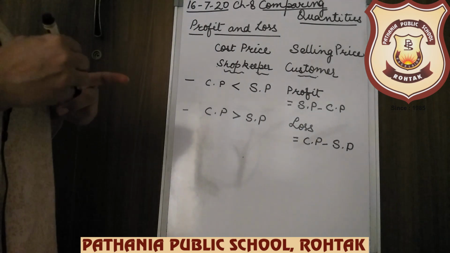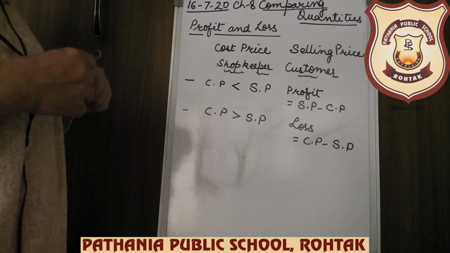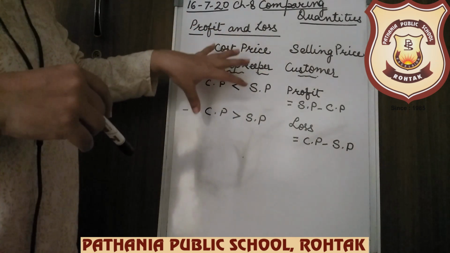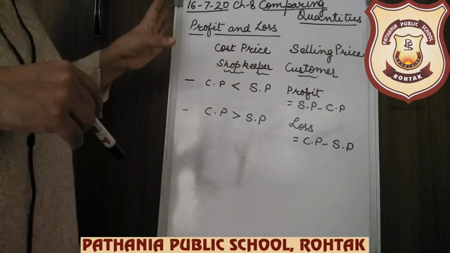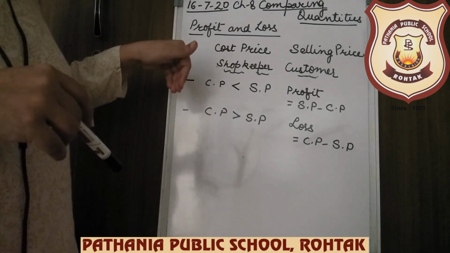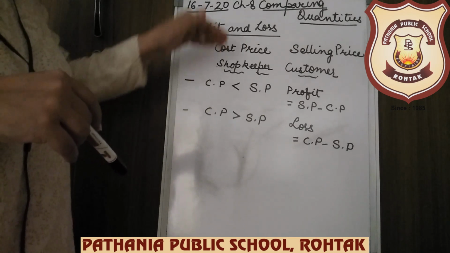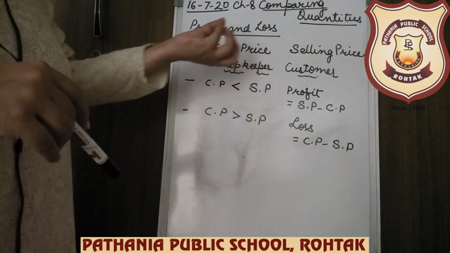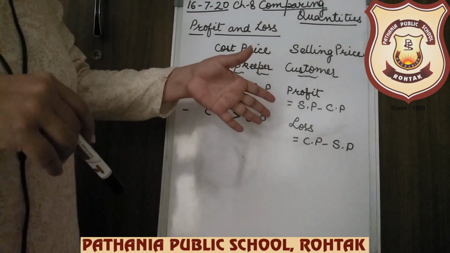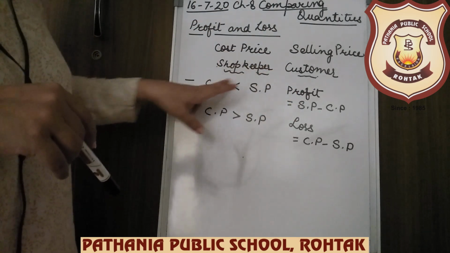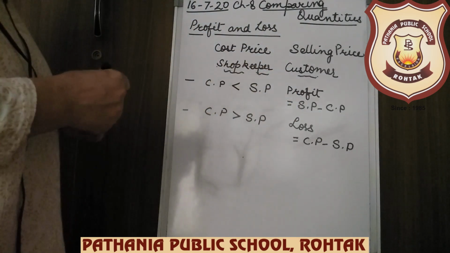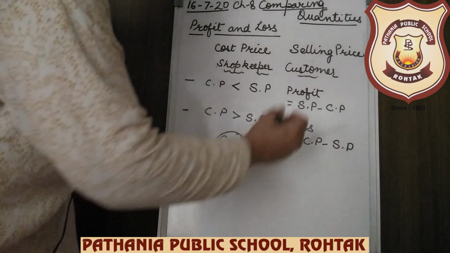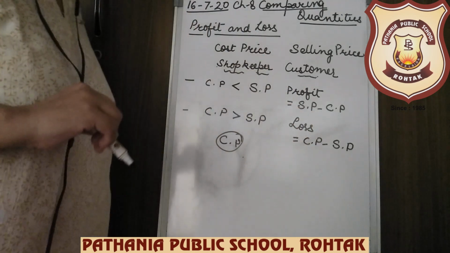In the whole transaction, the cost which the shopkeeper pays to bring the things to his shop, and then he sells that article to the customer at the price he is giving to the customer, these two things are there, and with the cost price we will decide whether there is a profit or there is loss.